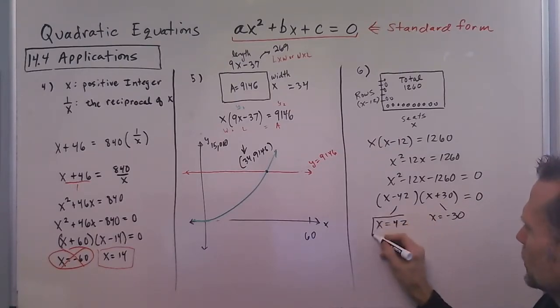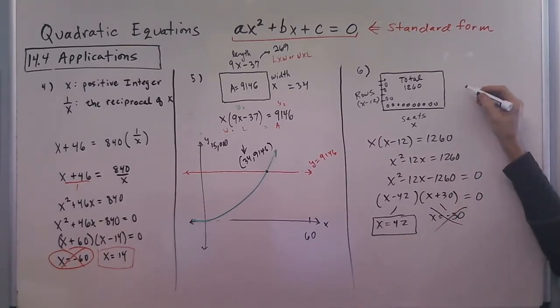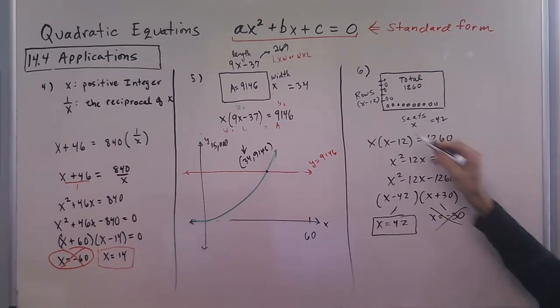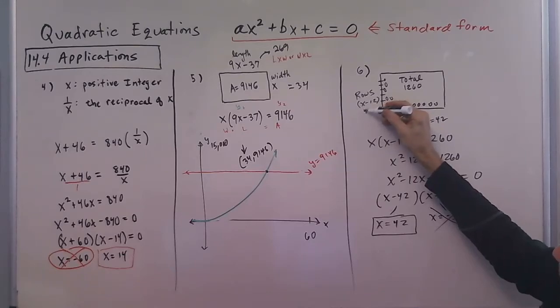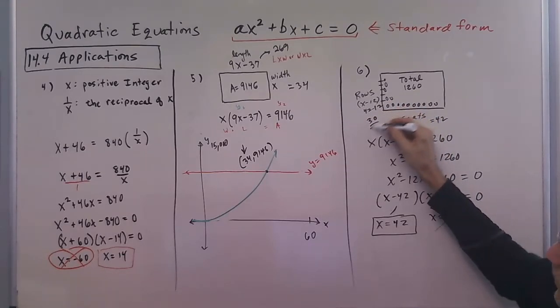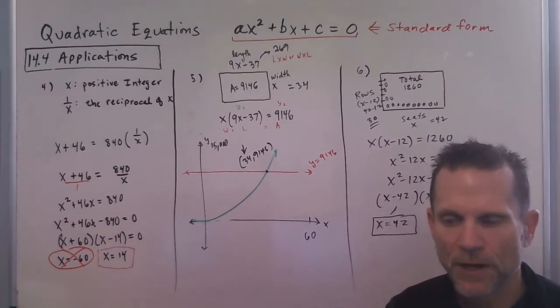And we're going to have to choose this one because we can't have a negative number of seats. So coming back up here, we could say, okay, the seats is equal to 42, and then 42 minus 12, the rows is equal to 30. So make sure you answer the question that the problem is asking.